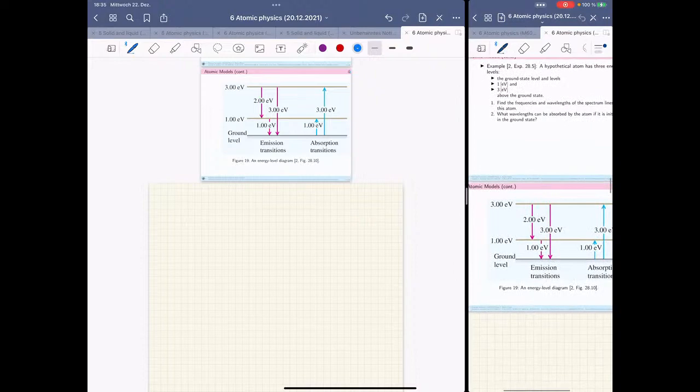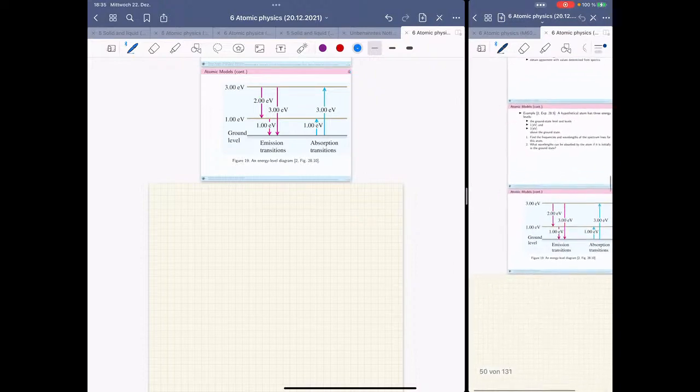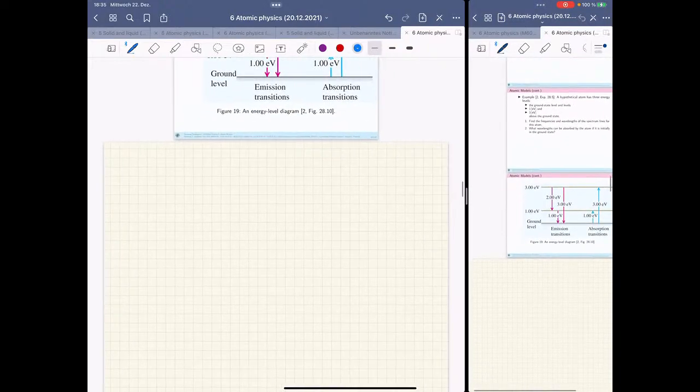Of this hypothetical atom, in the first case, we start from the 3 eV energy state. At the 3 eV energy state, there are two possible ways of light or photon emission.